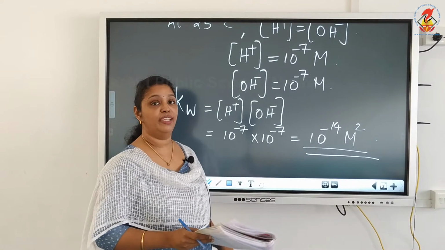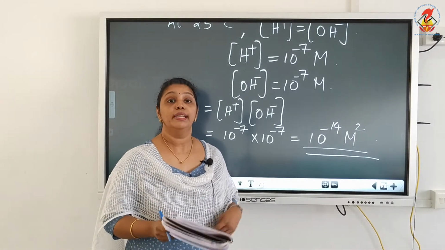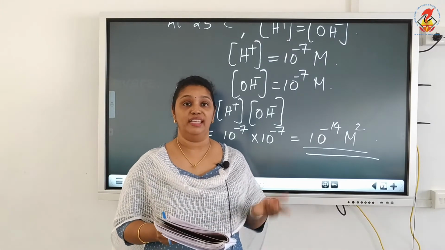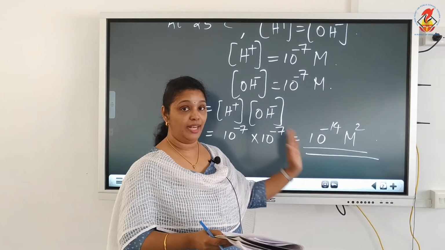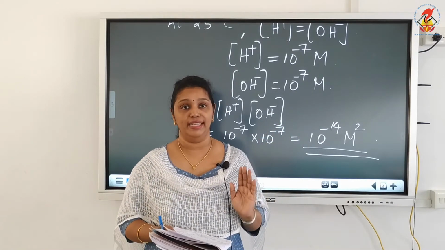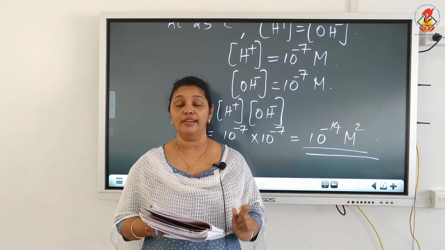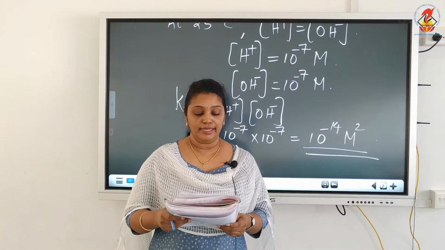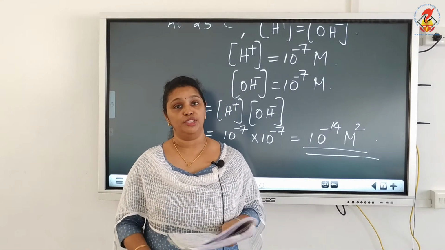So, this is the value of Kw at 25 degrees Celsius. And I told you Kw, the ionic product of water, changes with change in temperature. So, this is the value that we get at 25 degrees Celsius or 298 Kelvin, that is, Kw is equal to 10 raised to minus 14 molar square. Now, let us see the effect of temperature on the ionic product of water.